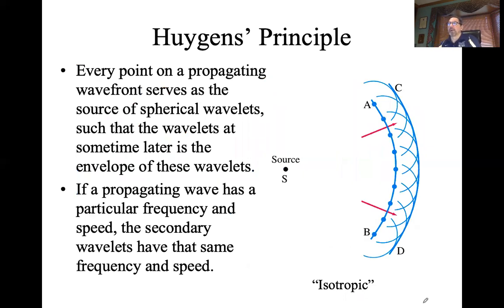Huygens was the guy who first came up with an explanation of why we get this bending. Why don't we see shadows? I suspect the best demonstration of the shadows we might see is if you went over to the theater department and saw one of those big spotlights, and you shined the spotlight on an opening maybe the size of a door, a meter or so. What you would see beyond the door is a shadow.